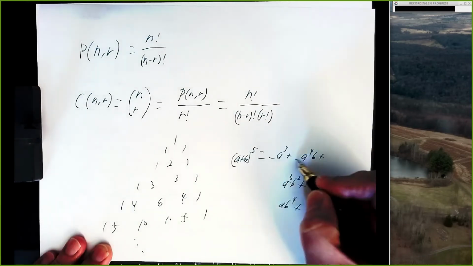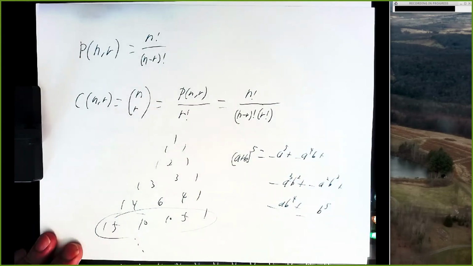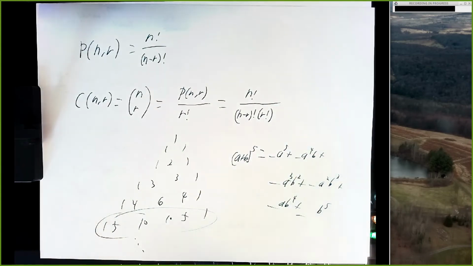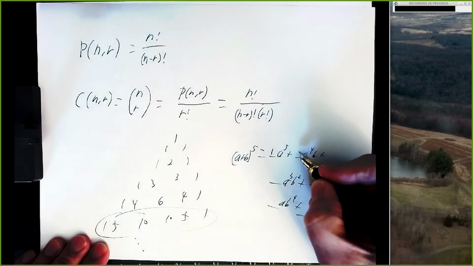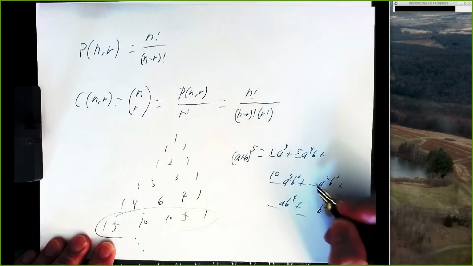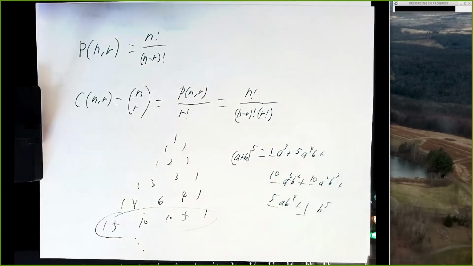So what goes in these coefficients in front is these numbers right here. That's what the binomial theorem tells us. If we look at the choice function, these coefficients will be 1, 5, 10, 10, 5, and 1. So you can impress your friends by multiplying binomials by themselves.